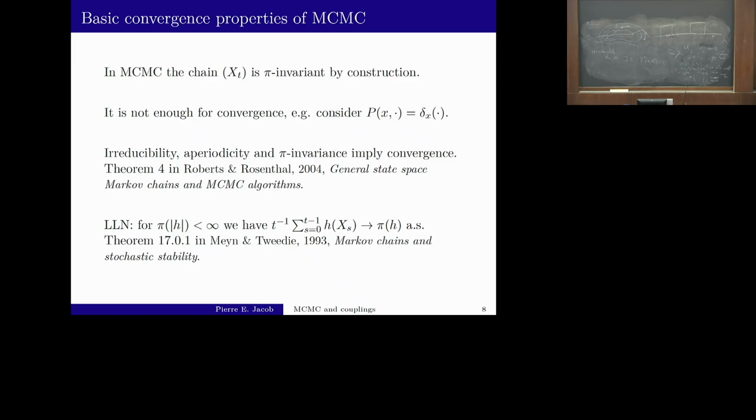So it's not surprising that you need it also when you don't have IID samples, but you don't need anything else. If you have this condition plus finite moment, then you have a law of large numbers. So there's no added price for having a Markov chain. I mean, again, this is under those conditions. Meyn and Tweedie is a reference book on all those properties of Markov chains.